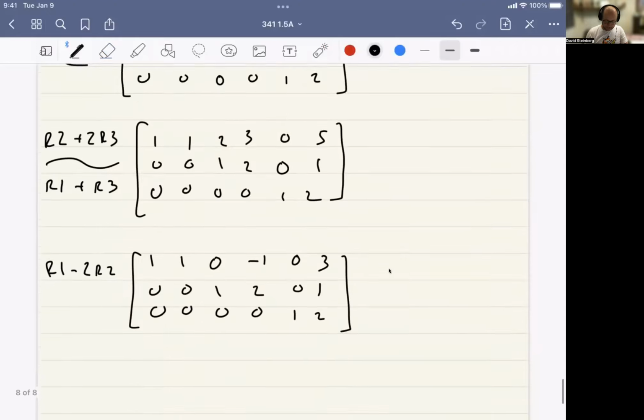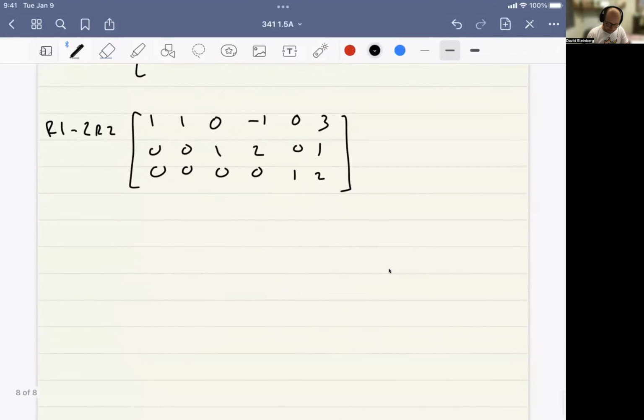Okay, reduced row echelon form. What have we got? This is saying x1 plus x2 minus x4 is equal to 3. We've got x3 plus 2x4 is equal to 1. We've got x5 is equal to 2. So which is leaving what?